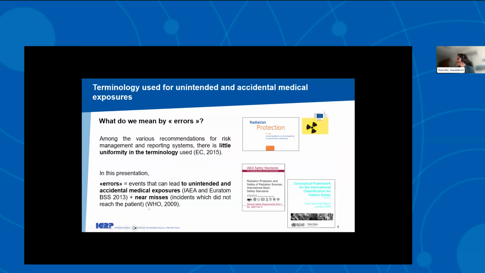In this presentation, the wording errors is used for events that can lead to unintended and accidental medical exposures, as described in the IAEA or Euratom Basic Safety Standards, and also includes near misses, which are incidents which did not reach the patient as defined by the WHO.